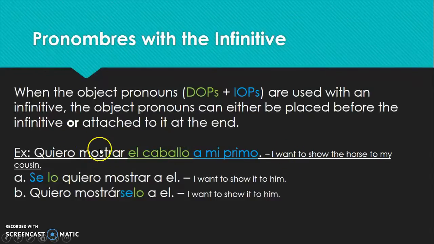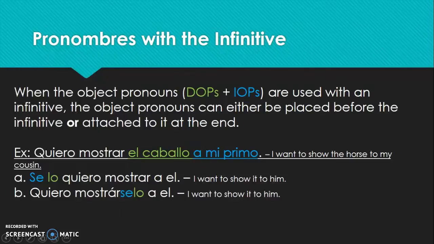I want to show the horse to my cousin. So here we just have a regular sentence, right? But if I'm telling a story, for example, I don't want to keep saying, I want to show the horse to my cousin, blah, blah, blah. I want to replace horse and cousin with pronouns, right? And so DOP would be horse, the IOP would be my cousin.